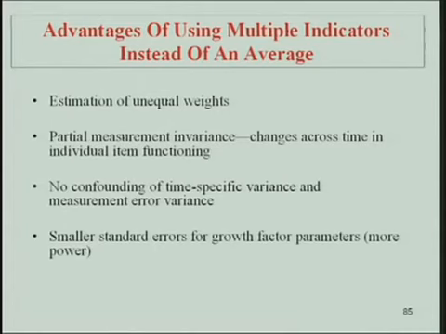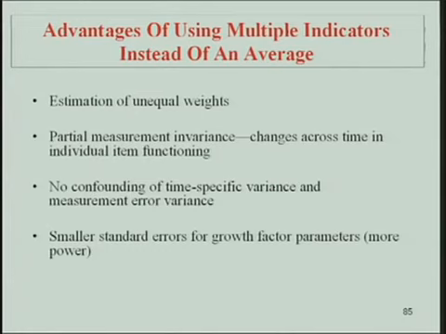And importantly, you can allow for partial measurement invariance. It's very often the case that the items work differently. The same item functions differently at different time points, different ages of the respondent, for instance. Most of the items work the same across time, but some may not, and that could not be handled if you just use an average sum score. But it can be handled in this multiple indicator approach.